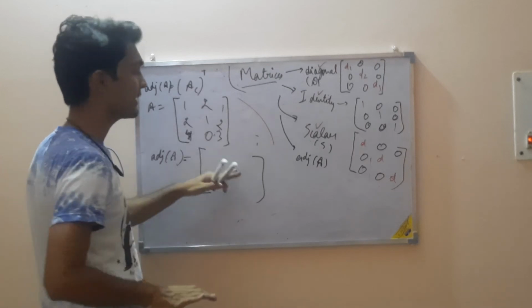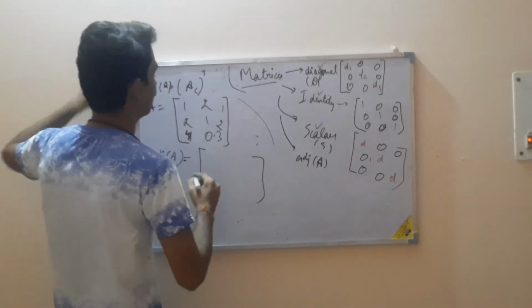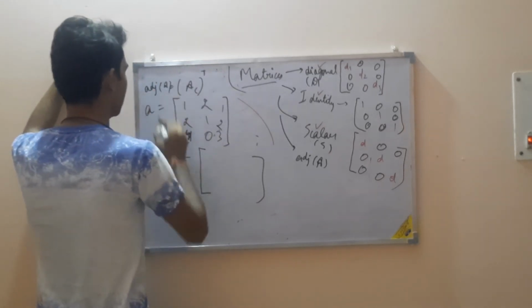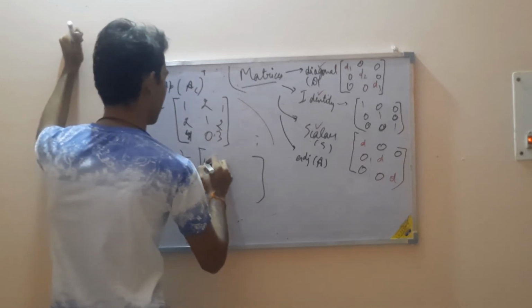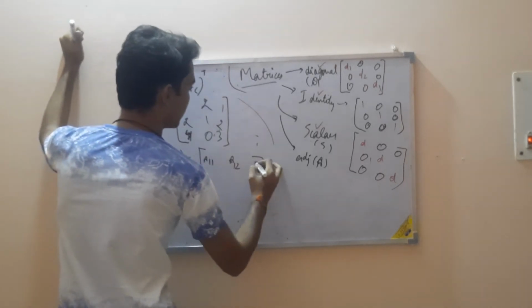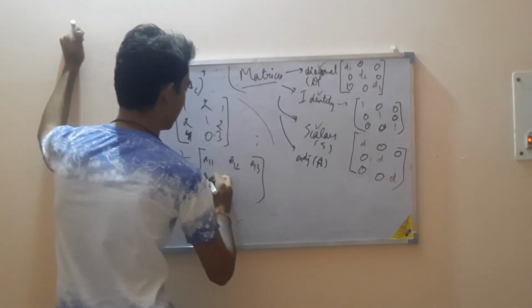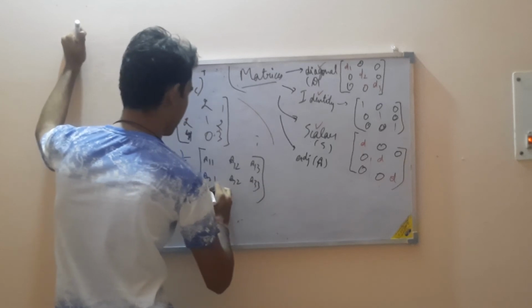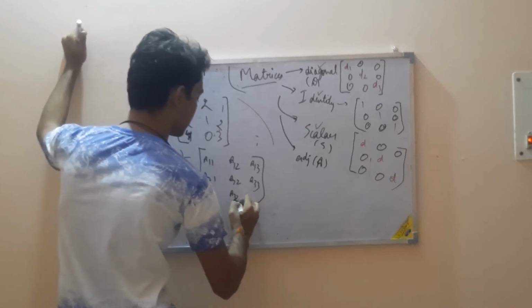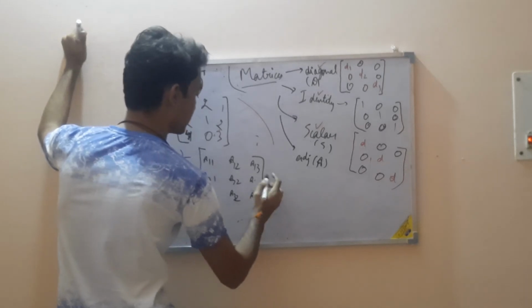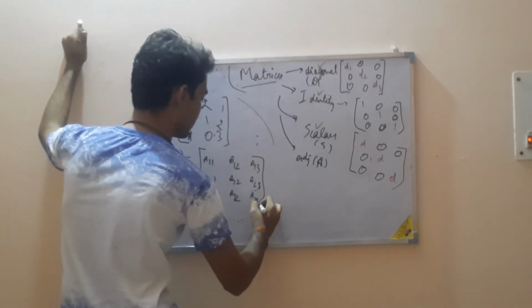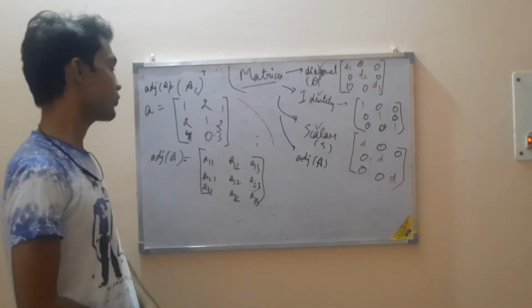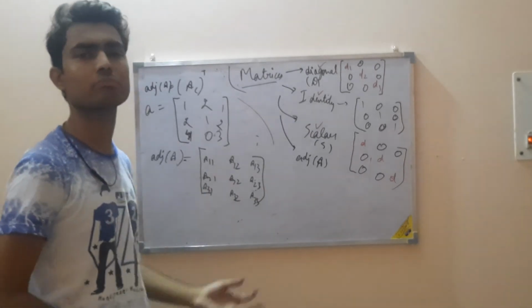So writing it in general, it will be A11, A12, A13, A21, A22, and so on up to A33. Now what we have to do is find the values of A11, A22 and so on.